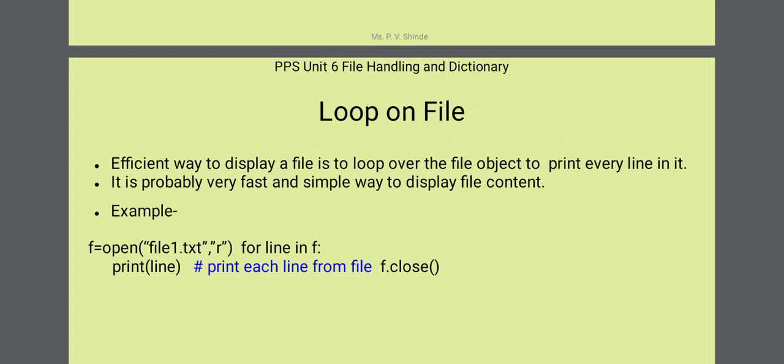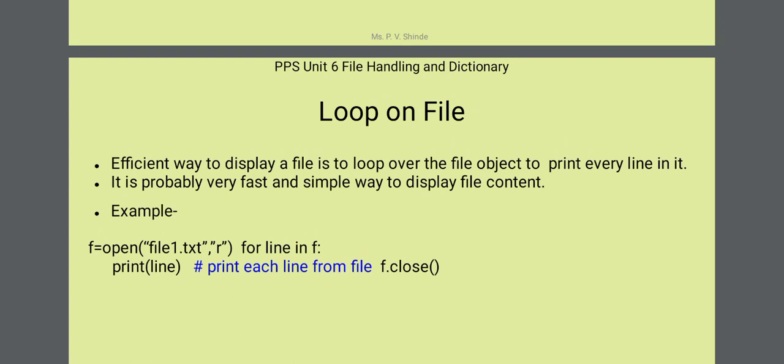For example, f equals open file1.txt in read mode, because we don't want to write or append. We just have to read the data from the file, and hence R. The file should be opened in read mode. Then on the new line, for line in f, this is very important.